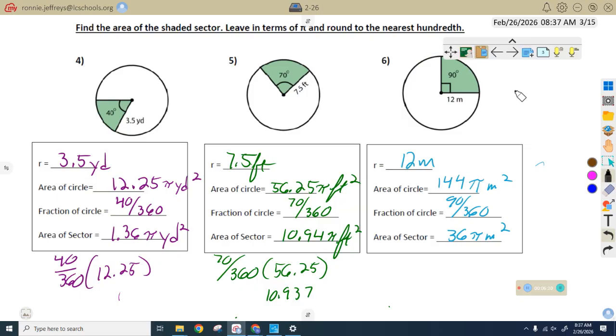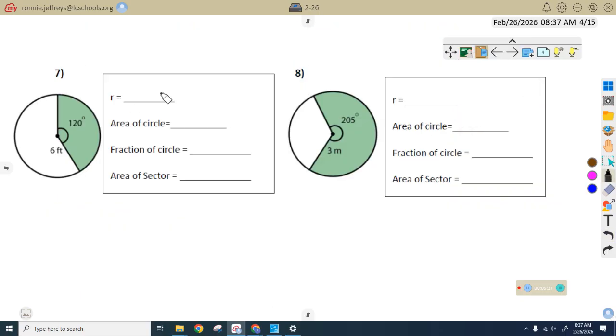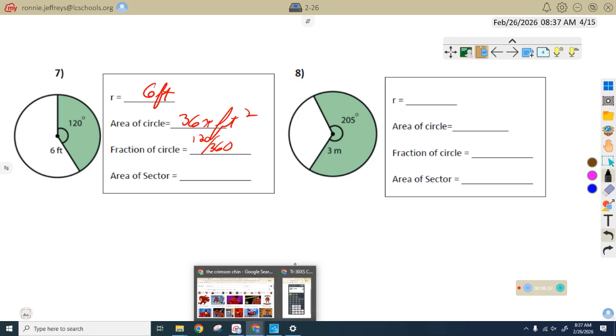All right, last two. Radius is 6 feet. So this would be 36 pi feet squared. 120 over 360, which is a third.